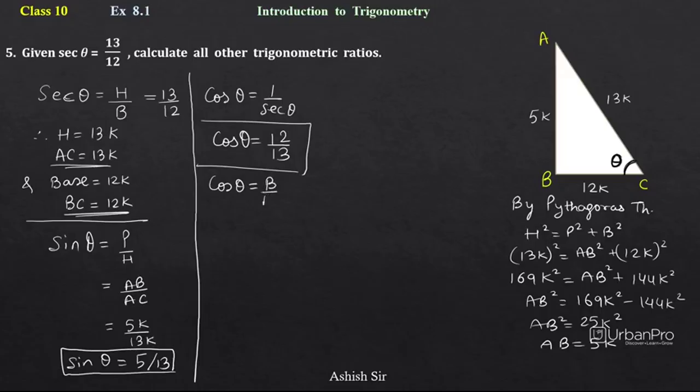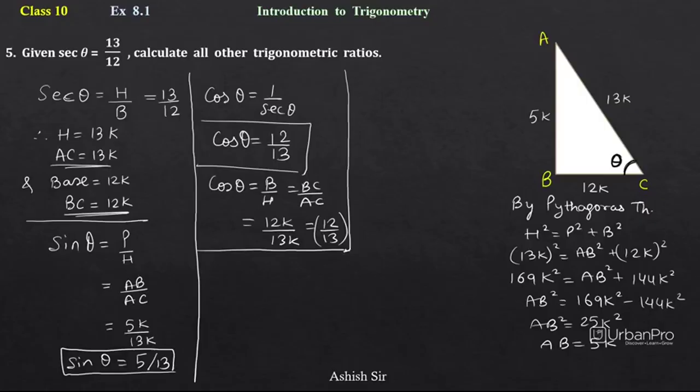Cos theta, we know, is base upon hypotenuse, and base is BC, hypotenuse is AC. Base BC 12k, hypotenuse 13k, so that will also be 12 by 13. So in both ways we can find the value of cos theta.